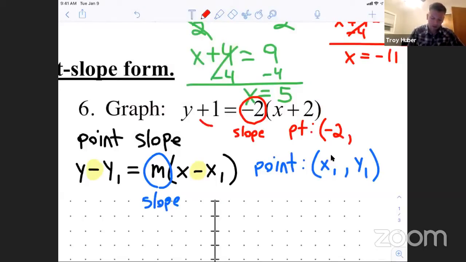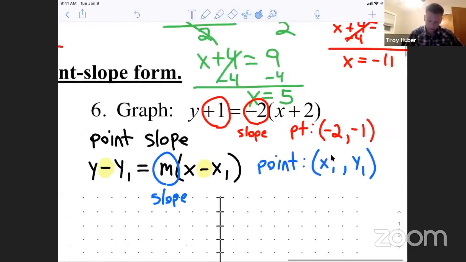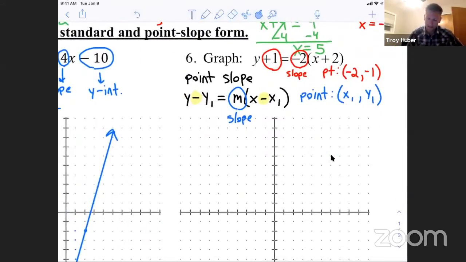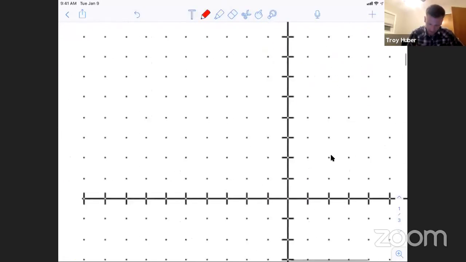And our y value is a positive 1, so we have to do the opposite, which would make it a negative 1. So now we'll plot our point -2, -1. -2, -1 should be right about here.